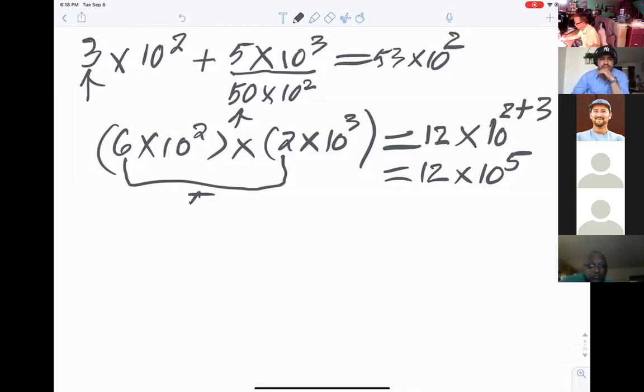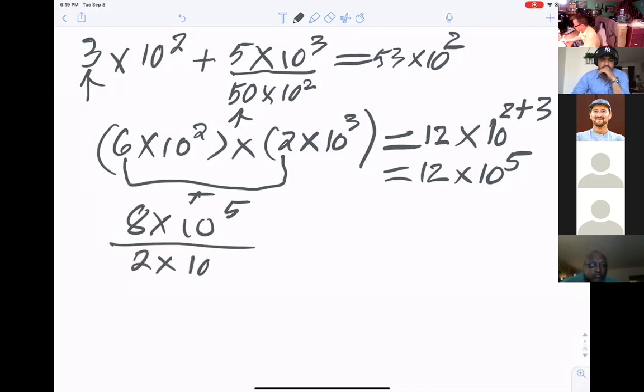Now, on the second one here, any question for multiply here? Anything you're confused about, just bring it up. We're never coming back to this thing. Okay, if I get 8 times 10 to the power of 5, divided by 2 times 10 to the power of 2, what do you get? 4 times 10 to the power of 3.